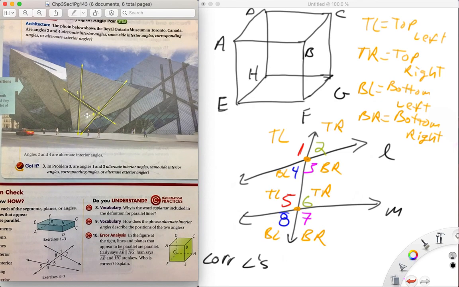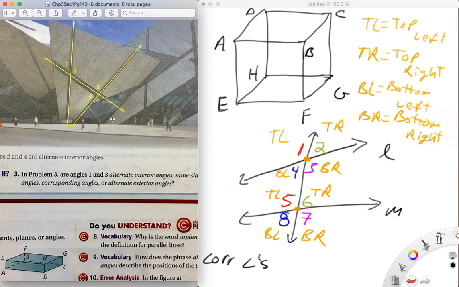Here, they want to know what angles 2 and 4 are. So here's 2, here's 4. Here's my transversal. These guys are my other 2 lines that the transversal cuts across. 2 and 4 are on the interior of the 2, so we know that they're interior angles.